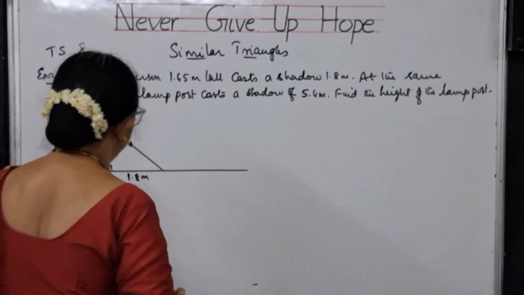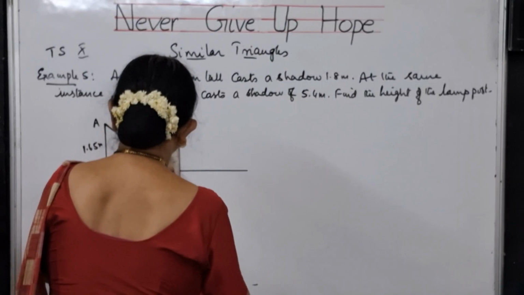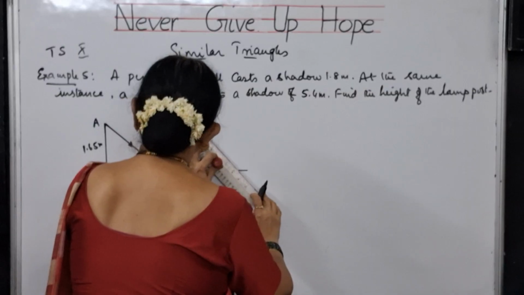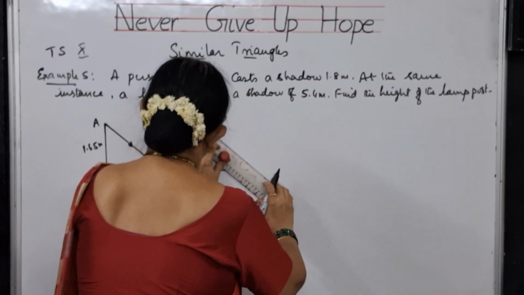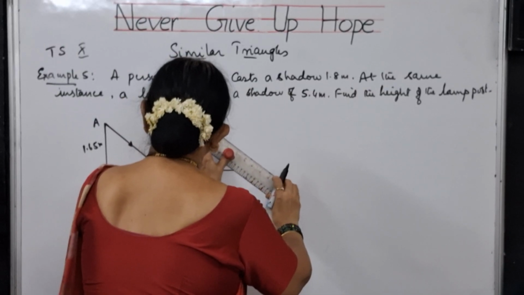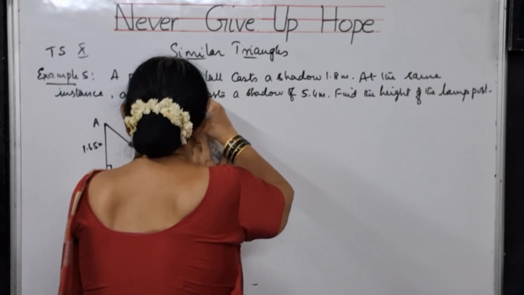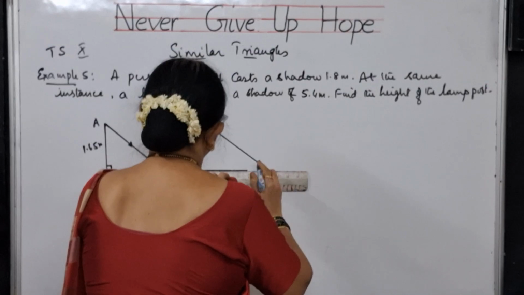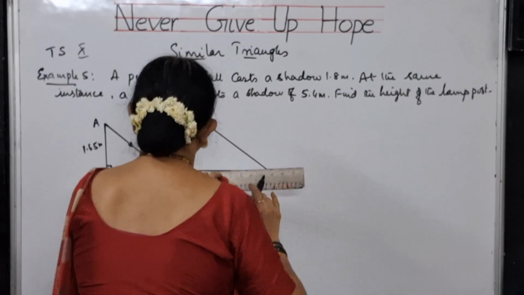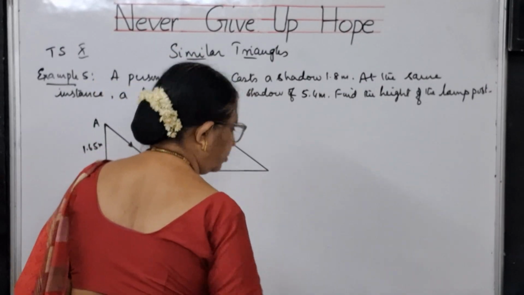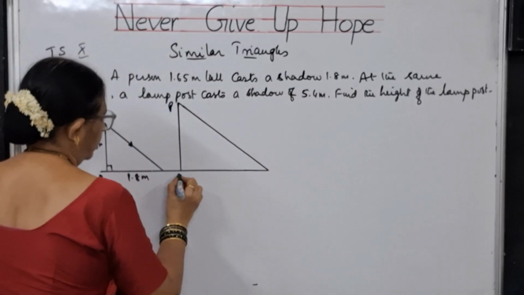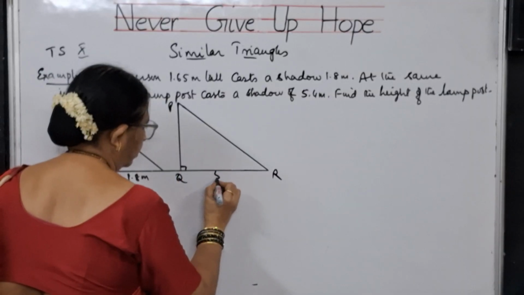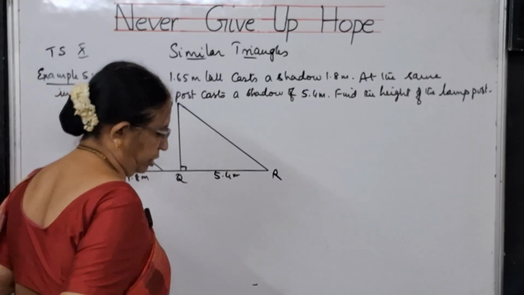And at the same time, another lamp post. This is the lamp post PQ, casting a shadow of 5.4 meters.